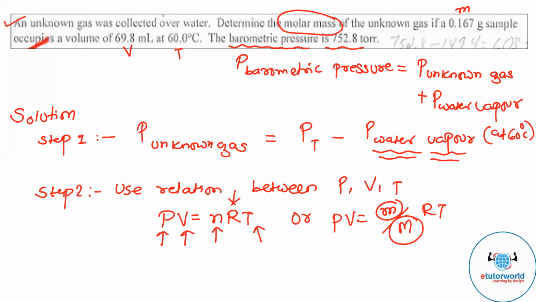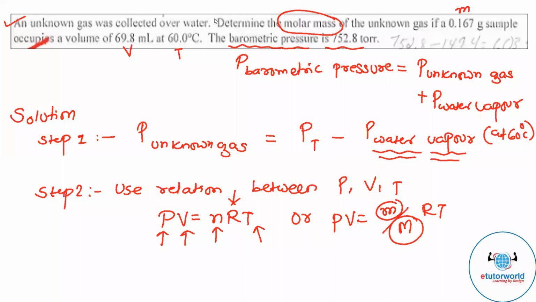Just a minute, Aditi. Okay, understood this? Small m is the mass of the unknown gas, whereas capital M is the molar mass of the gas. You are getting this point? What we have to determine here is the capital M, the molar mass of the unknown gas.